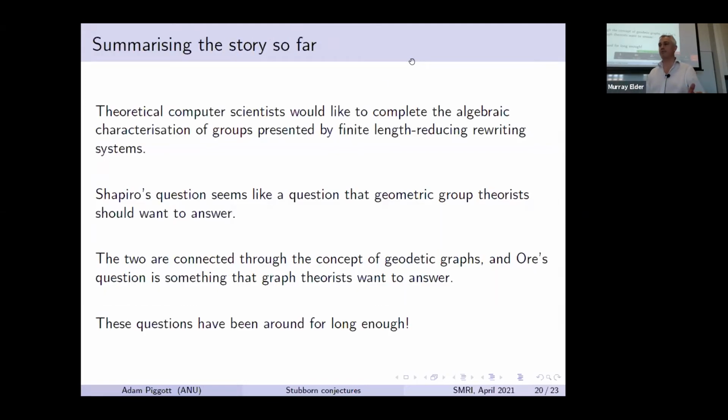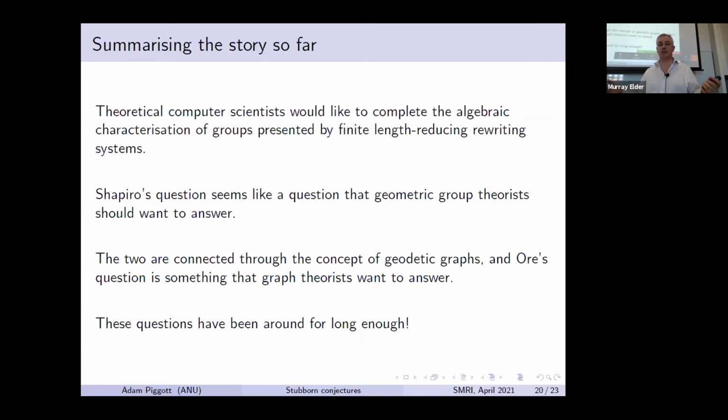So we've worked hard to set this up. So I'll just summarise the story so far. Theoretical computer scientists, so the sort of people working on Gilman's conjecture and so on, would like to complete the algebraic characterization of groups presented by finite length reducing rewriting systems. That's been lurking since the 80s when they were making progress on that. Mike Shapiro asked a question about groups that admit geodetic Cayley graphs.